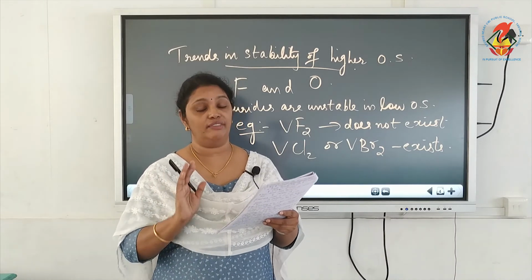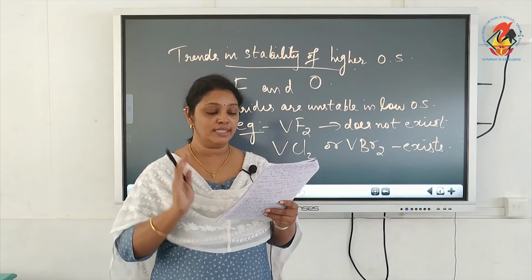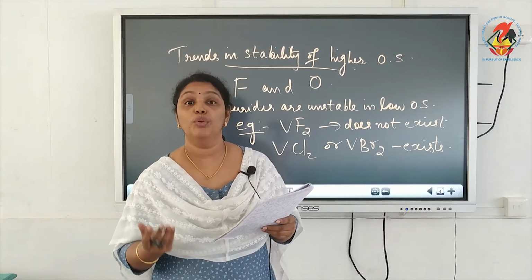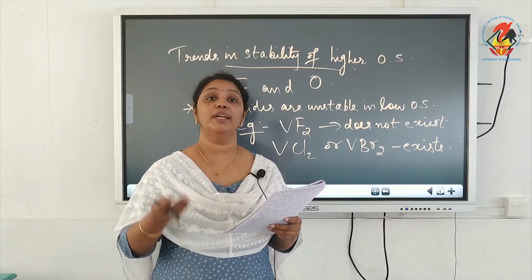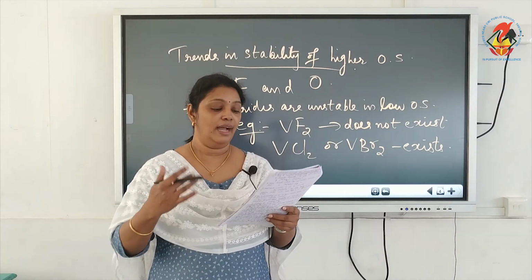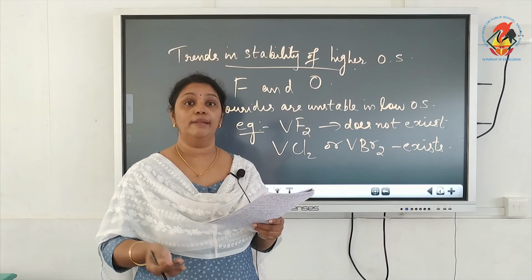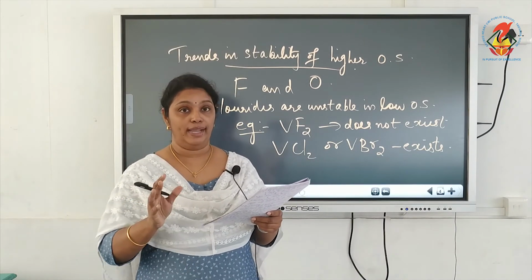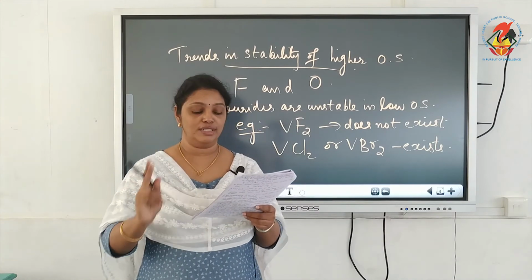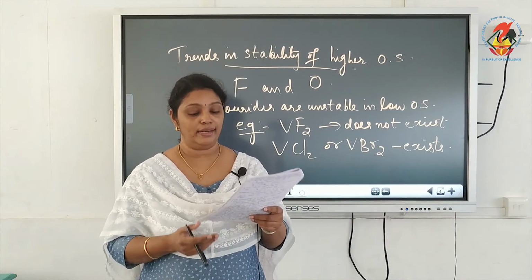Now the next thing that we have to notice, oxygen stabilizes the higher oxidation state of a transition metal more than fluorine. So when you compare oxygen and fluorine, who will stabilize the higher oxidation state of a transition metal? Oxygen. Now why? Why does oxygen stabilize higher oxidation state of transition metal more than fluorine?